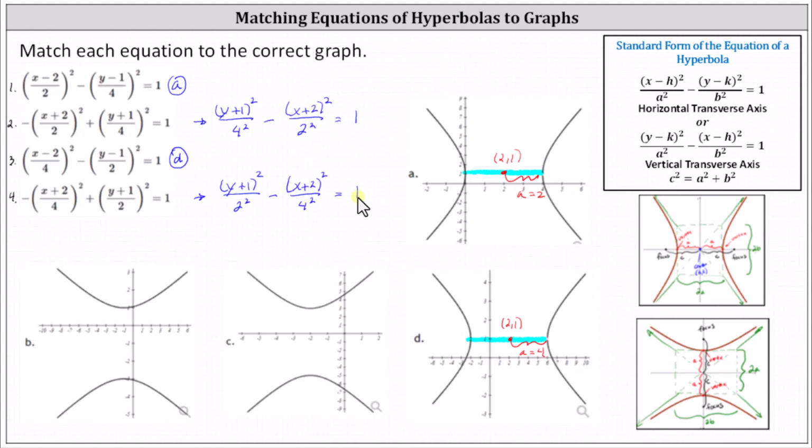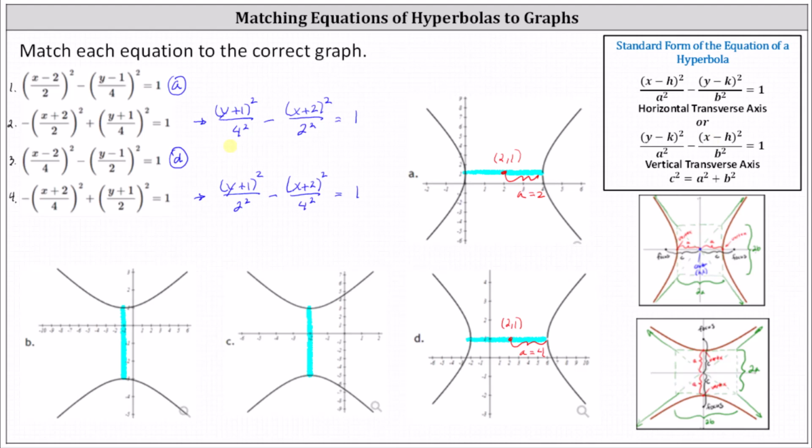In both cases, we have the square of the y part minus the square of the x part, which indicates now we have a vertical transverse axis, which we can see the remaining two graphs do have. Let's identify the centers. Recall the center is h comma k, where we always determine h from the x part and k from the y part.